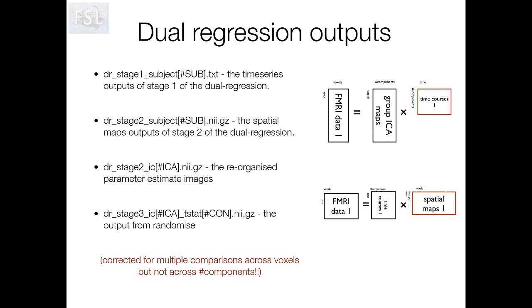If you only perform dual regression on the group-level components that you're interested in, then all of the variance in the data which is explained by the components that you excluded will end up in the error term of the GLM and will therefore reduce the power of your resulting statistical analysis. So it's very important to include all of the group ICA components when you perform dual regression.